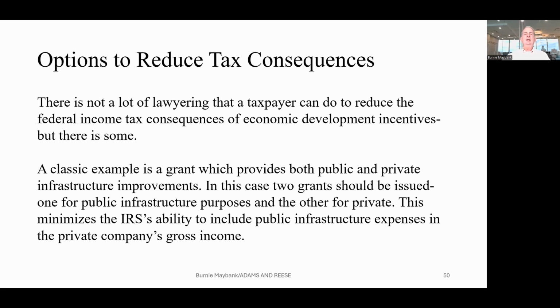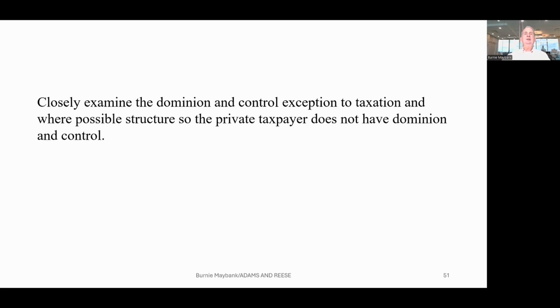So the easiest way to try and minimize it, though it doesn't necessarily work, is to do two grants so that the public infrastructure expenses wouldn't even mention the manufacturer. There'd be no mention of the manufacturer in there, and so you would have a shot at excluding those funds from federal taxation.